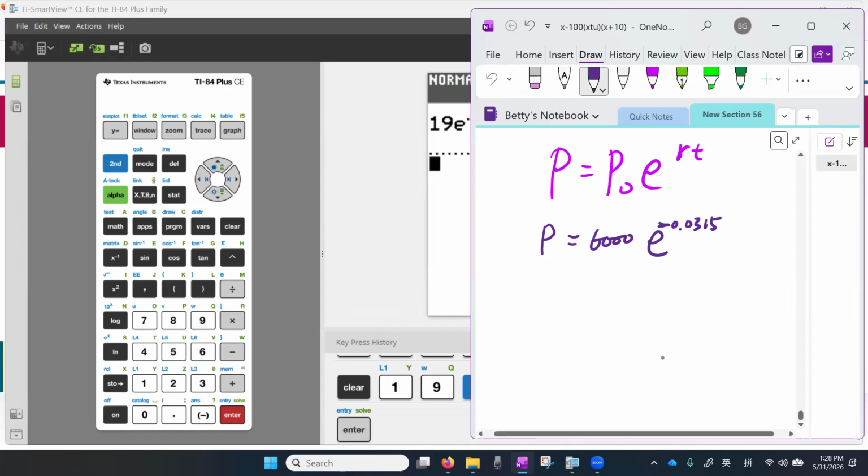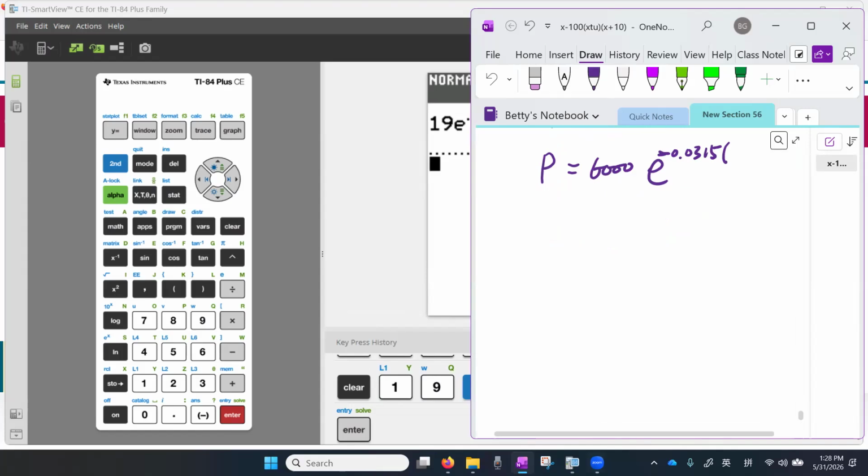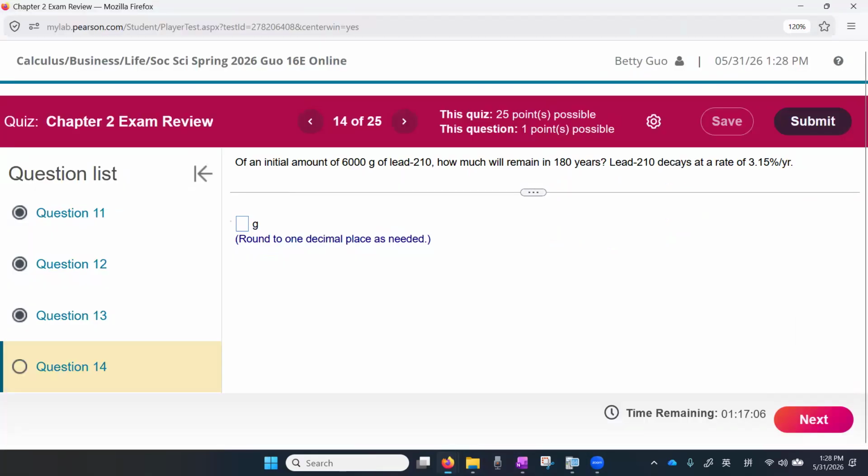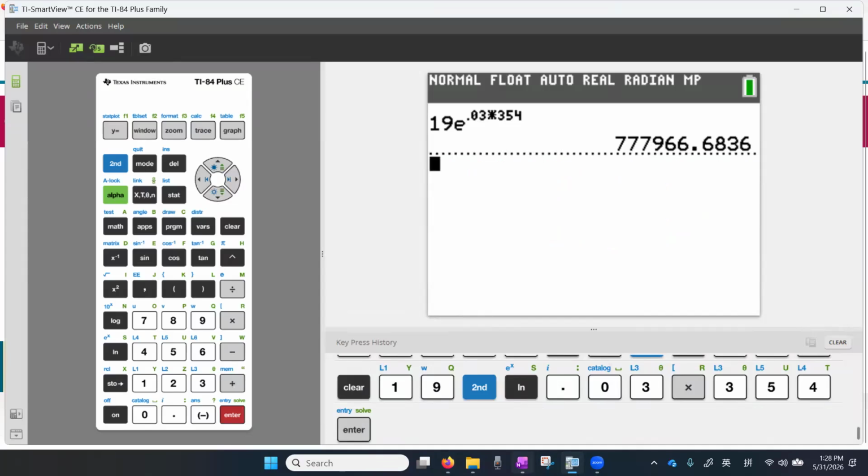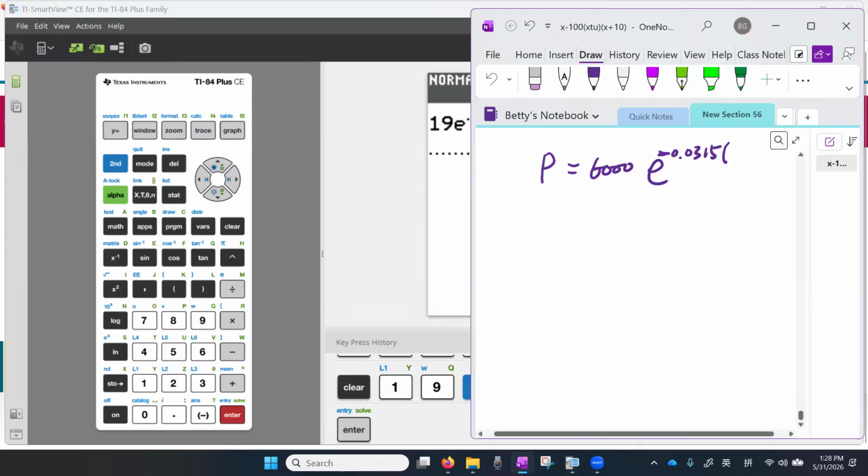Instead, you should enter negative 0.0315, and then times T, how many years? 180 years. Okay, yeah, we can enter that into the calculator.